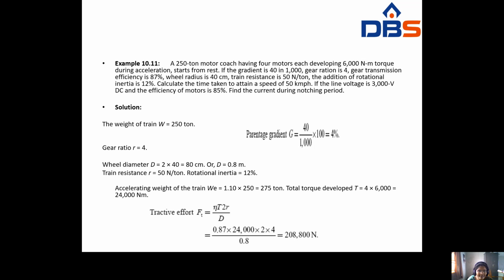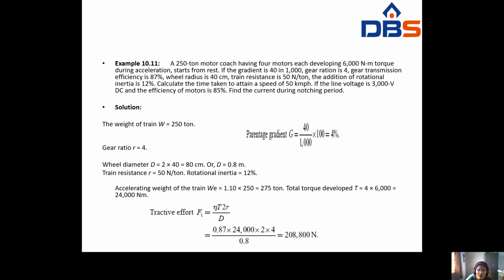During acceleration, starting from rest, the torque developed will be 6000 Newton meters. The gradient is 40 in 1000.